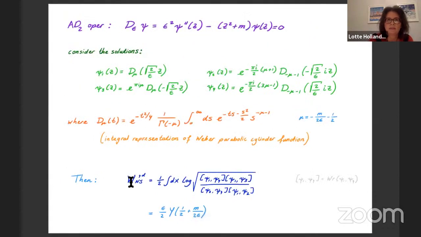So for this, if we consider this Schrödinger equation, then of course there's a two-dimensional set of solutions. These solutions are parabolic cylinder functions.